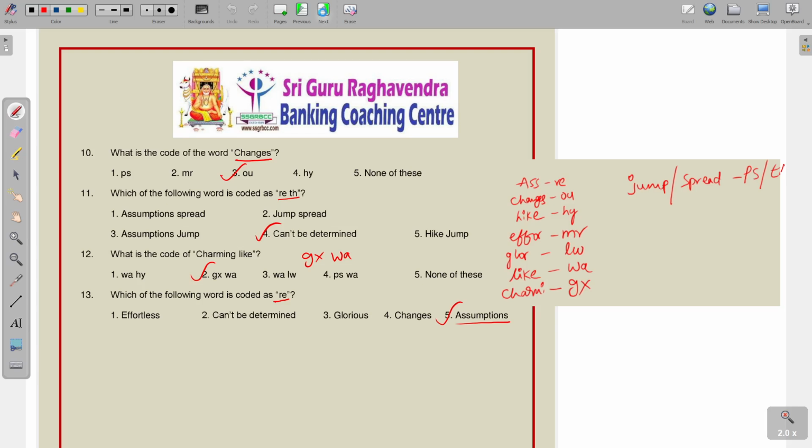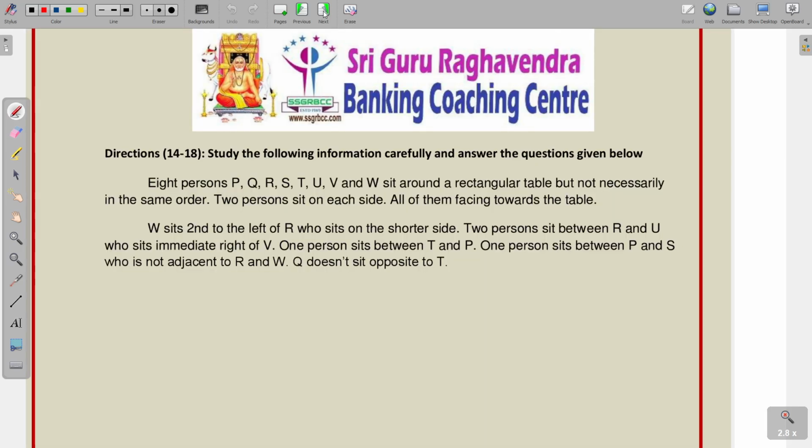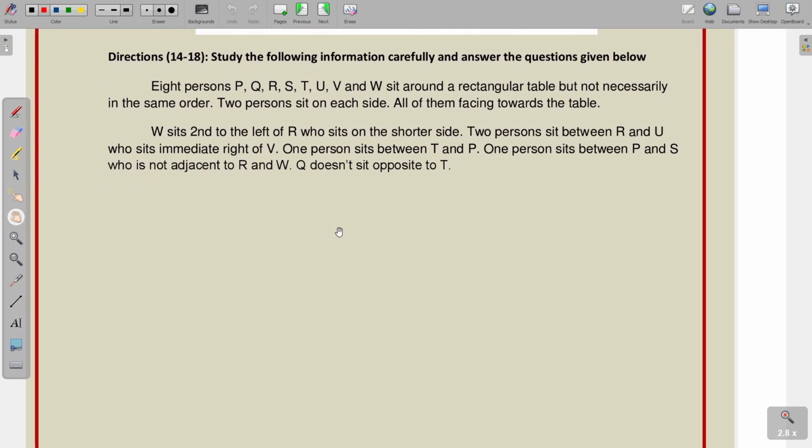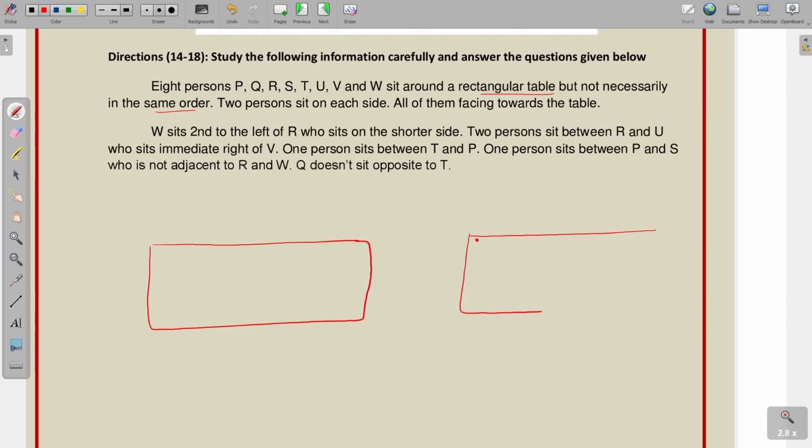Okay, so see the next question. Question number 14 to 18. We have one more puzzle. 8 persons P, Q, R, S, T, U, V and W sit around a rectangular table but not necessarily in the same order. Rectangular in the sense opposite sides are equal. It is one possibility, it is the second possibility.